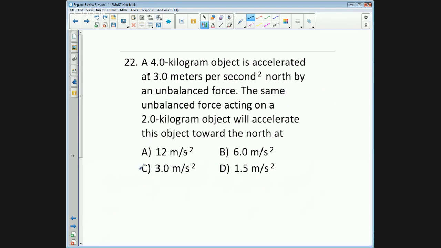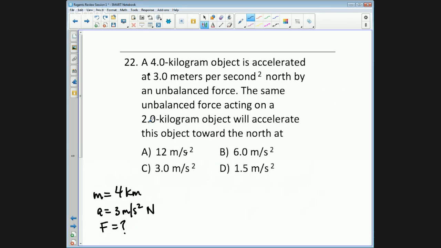So how do we do this one? Let's try doing this by listing out our variables. We have a 4-kilogram object. This is our mass. And the acceleration is 3 meters per second squared north by an unbalanced force. The same unbalanced force, so F equals something.